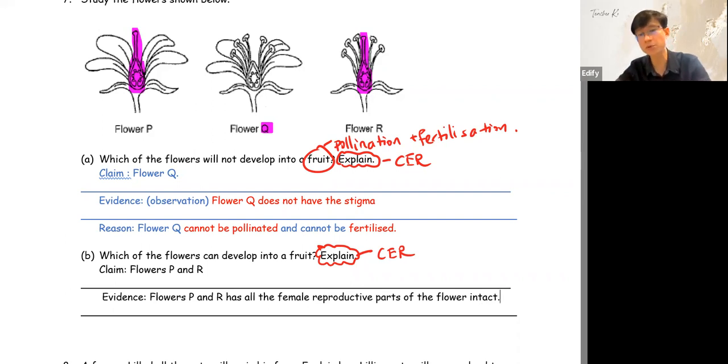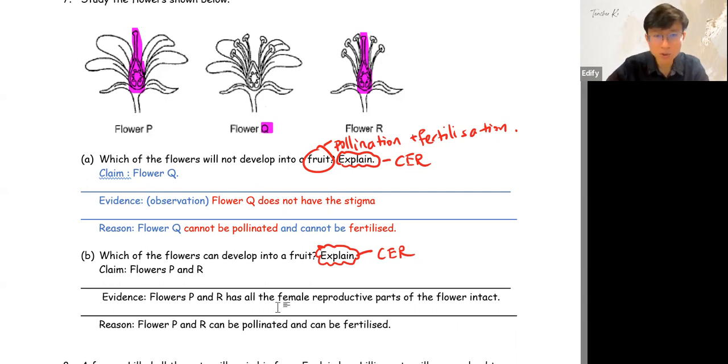It's not removed, including the stigma. So the reason, therefore, flowers P and R can be pollinated and can be fertilized and develop into a fruit.